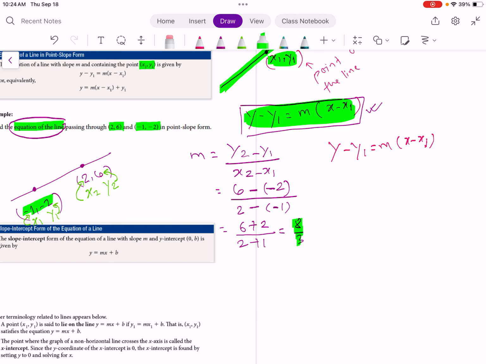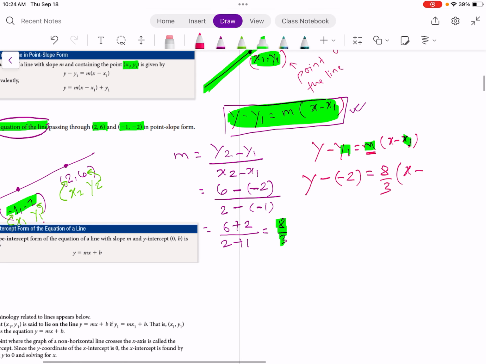Here you replace your m and replace your x1, y1 with these values. x and y remain as they are. Do not substitute anything for x and y. So we have y as it is, minus y1, which is -2, equals m, which is 8/3, times x as it is, minus x1, and x1 is -1.